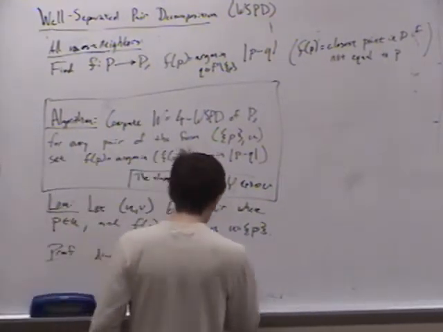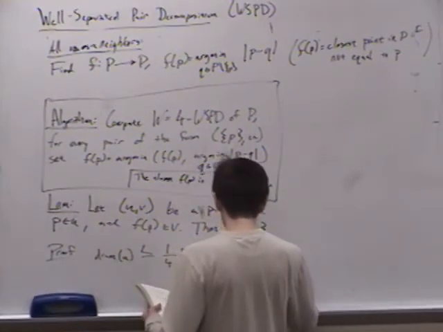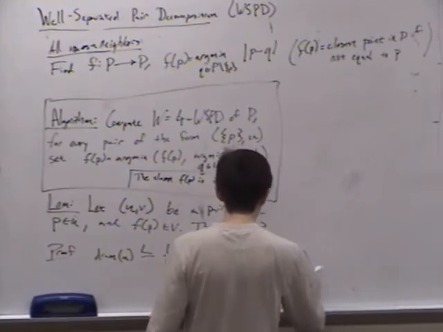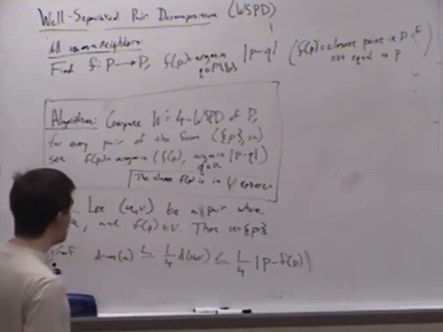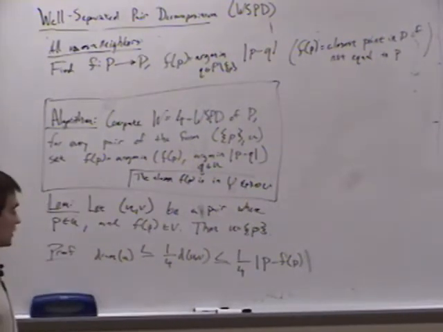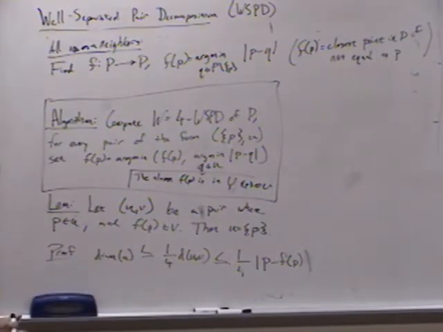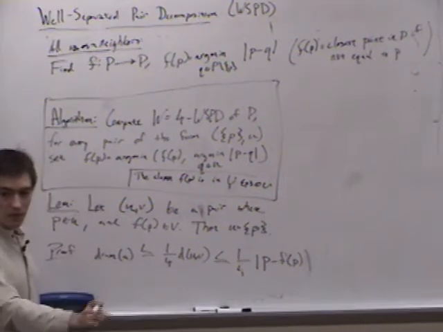And this again has to be less than or equal to 1 over 4 times the distance from P to f of P. If it's less than or equal to P minus the closest point of P, divided by 4, well then the diameter of this thing, there has to be at least some point inside here. If it was not 0, that would make it larger.